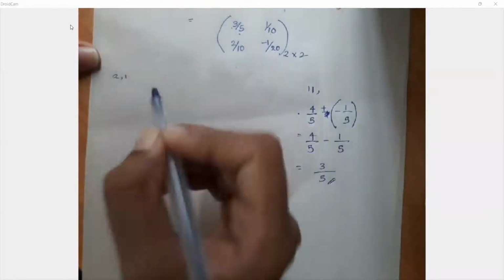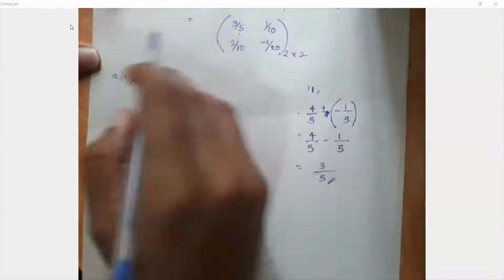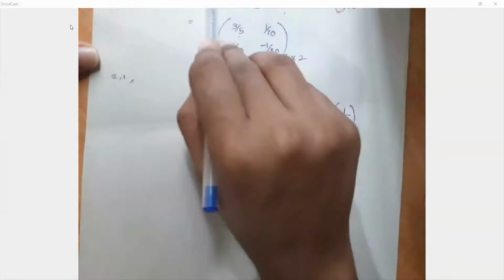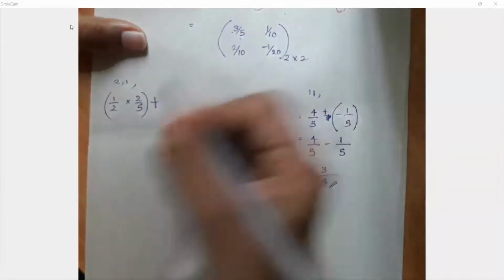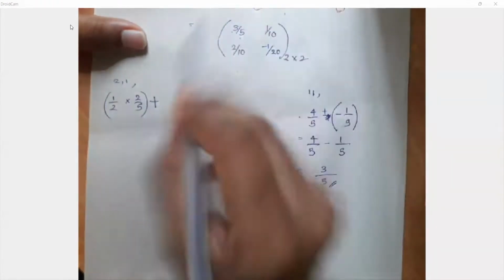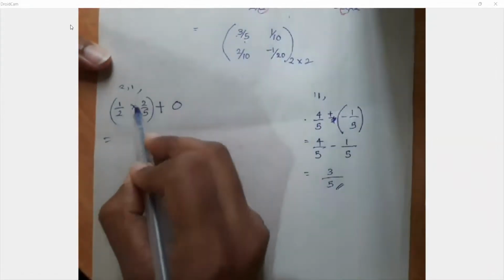Now, next one is I want 2, 1. 1 into half, half into 2 over 5, plus half into 0, 0 into something is 0. Now 2 and 2 get cancelled off.